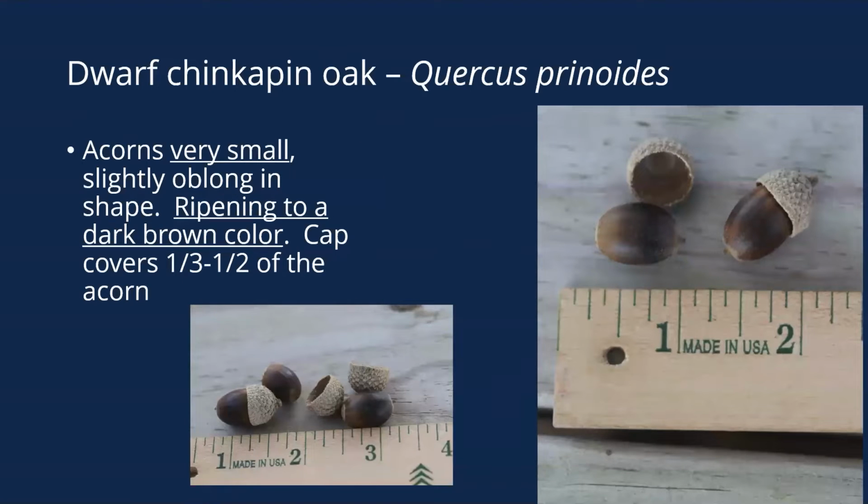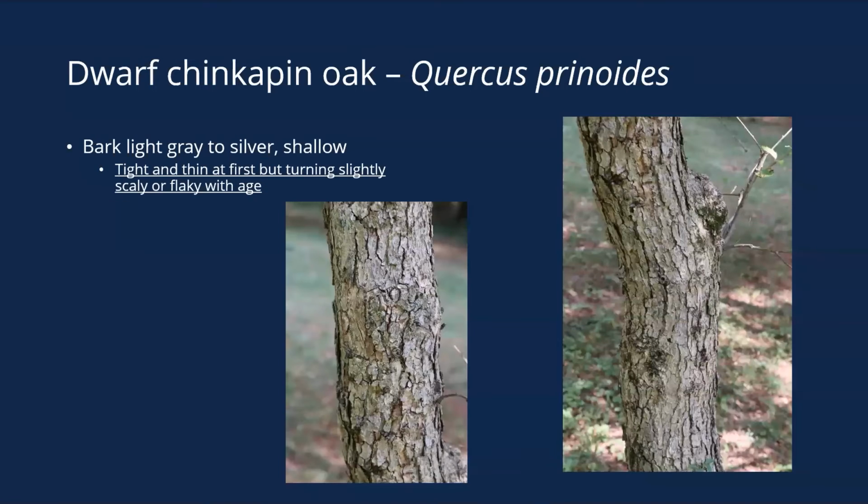The acorns are very small, very similar to chinkapin oak, where they ripen to that dark brown, almost black color. Very much of a similar size, maybe even a hair smaller. And then the bark is light gray to silver, shallow, kind of turning flaky with age as well.